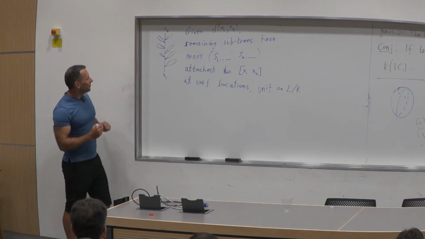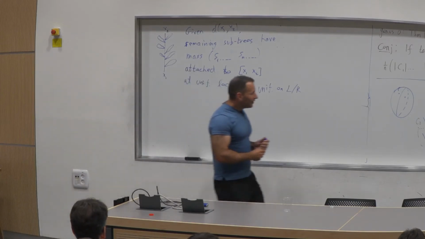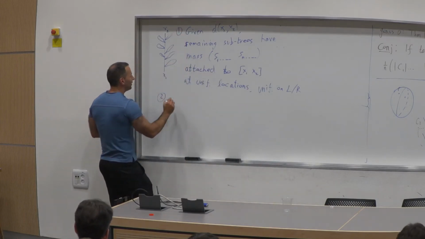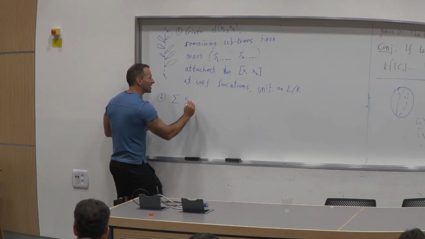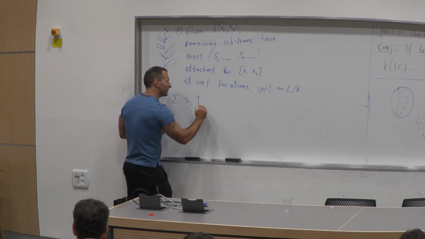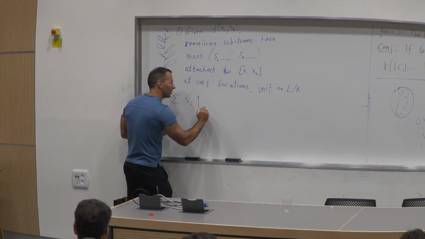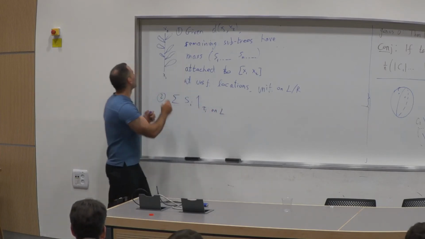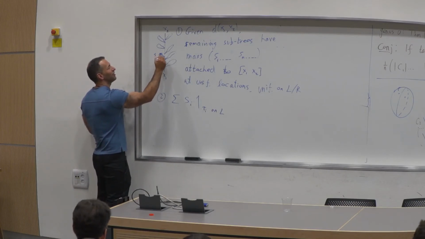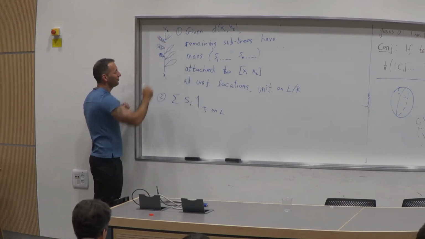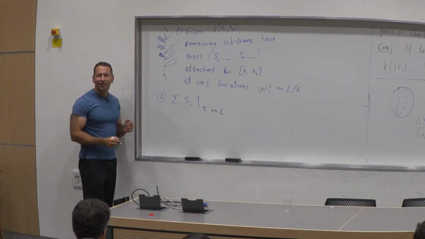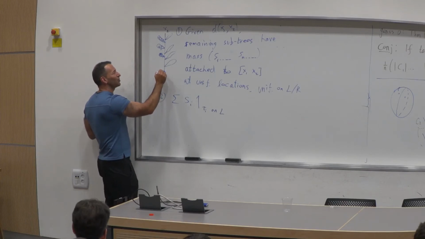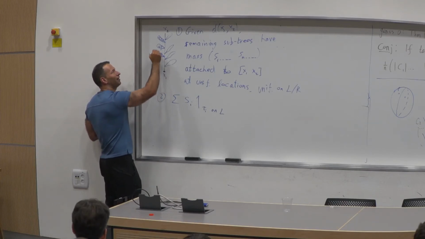So that's one fact. The second fact is that if you look at the sum of S_i such that the tree T_i is on the left, so I look at just these subtrees that are on the left, this contains all the contour of the tree from x1 up to x2.